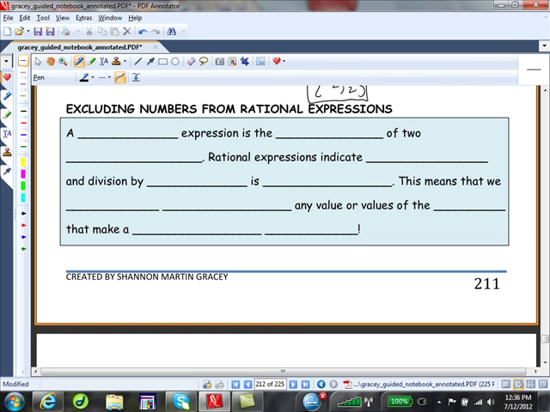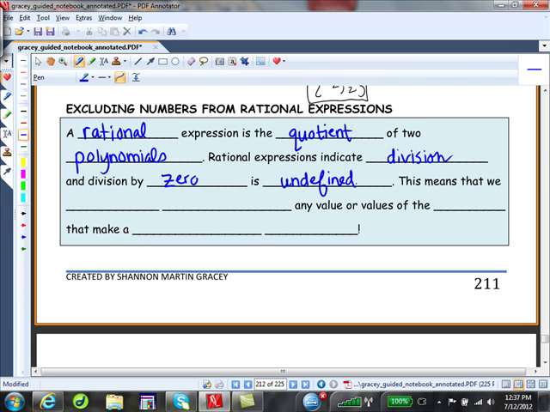All right, so here we go. A rational expression. Oops, let's get our blue. Blue makes me happy. So a rational expression is the quotient of two polynomials. Rational expressions indicate division, and division by 0 is undefined.